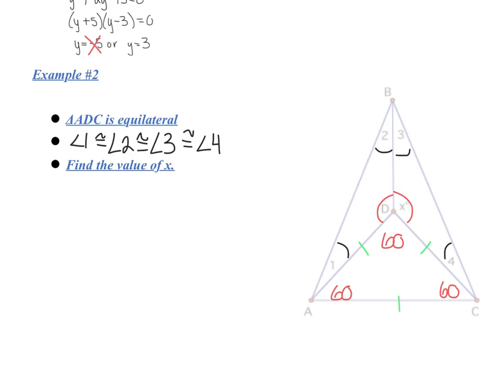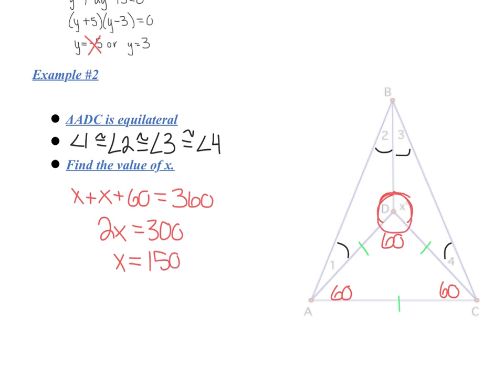So if I have a full circle, I know that x plus x plus 60 is going to equal a full circle, 360 degrees. 2x is going to equal 300. So x is going to equal 150 degrees. So I know then that x is 150 and 150.